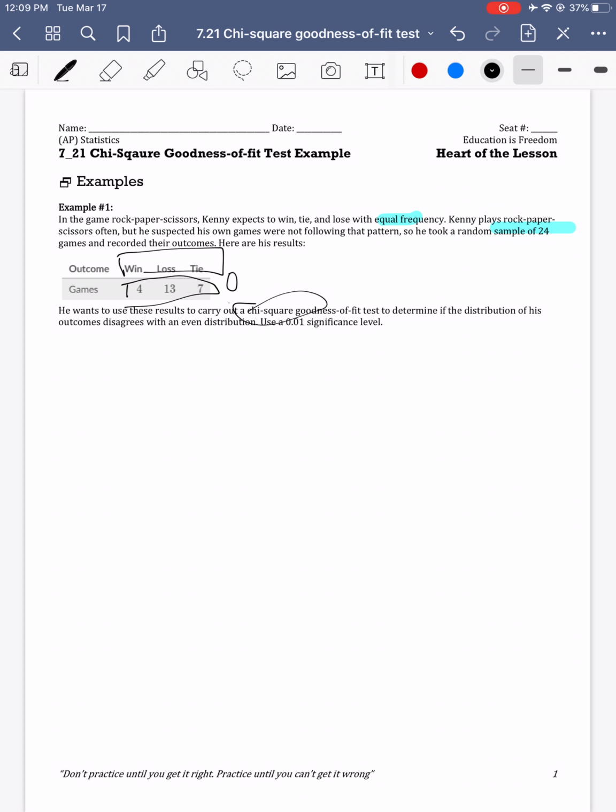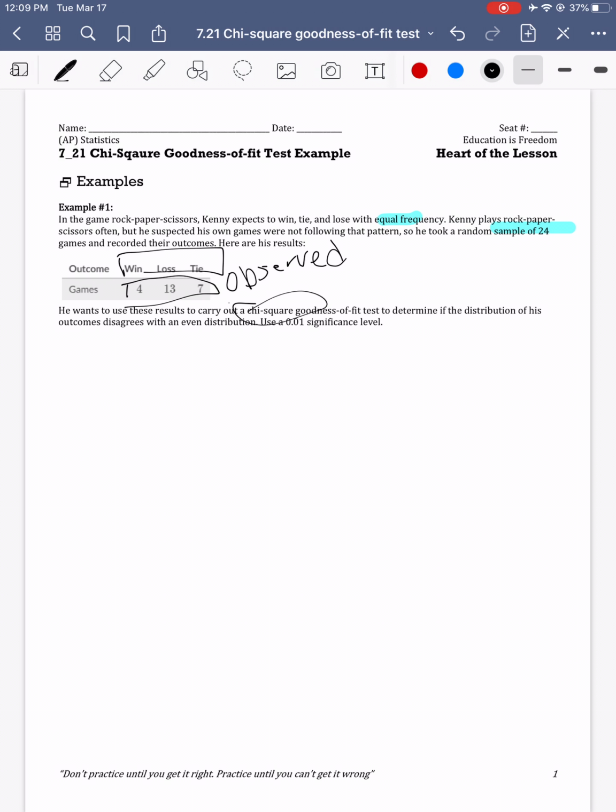He played the game, here are his results, those are observed values. So I know that this has to be chi-square goodness of fit because we're looking at observed values in just one category of playing the game.